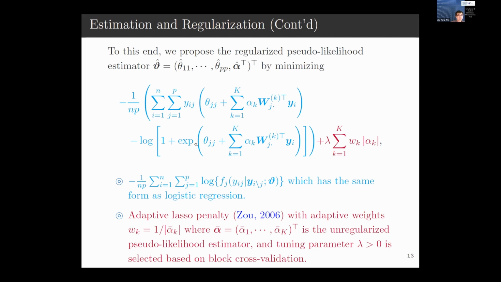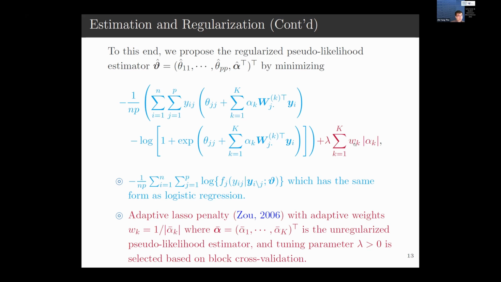The first part in blue is the pseudo likelihood function that I mentioned in the previous slide, and you will see that it has a very similar form to the likelihood in logistic regression. The second part is the adaptive lasso penalty, which performs the regularization on alpha_k.